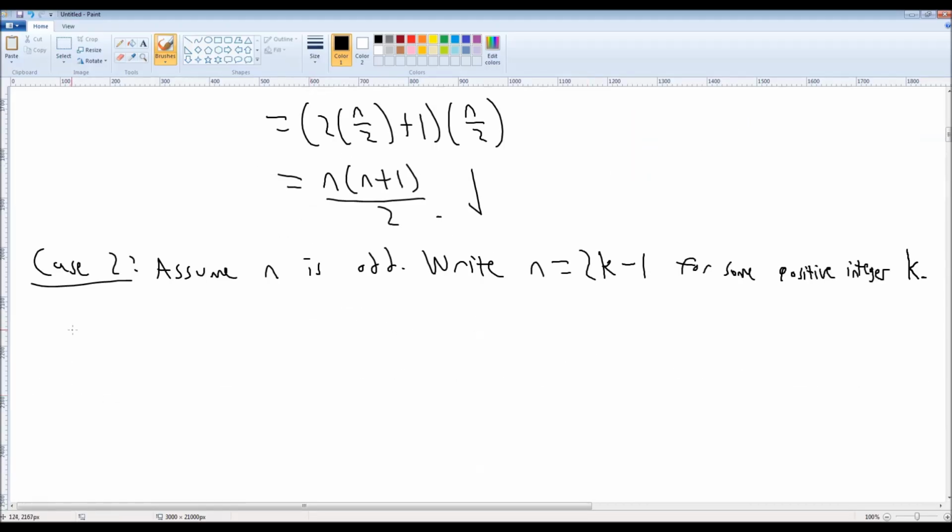Well, we want to find the sum that goes from 1 to n of i. This is really the sum, what is n? It's 2k minus 1.